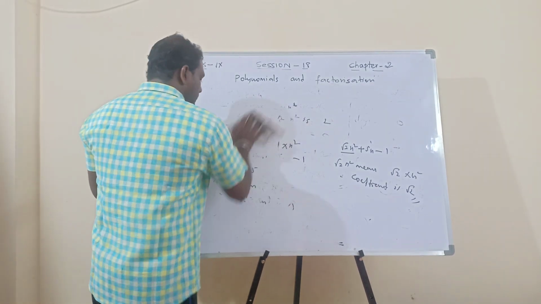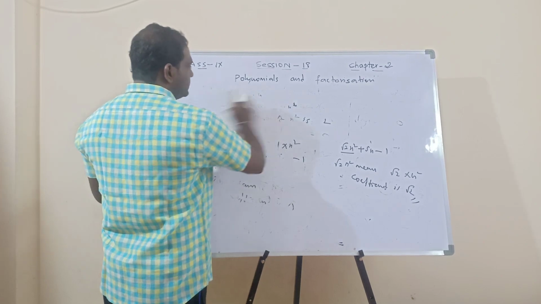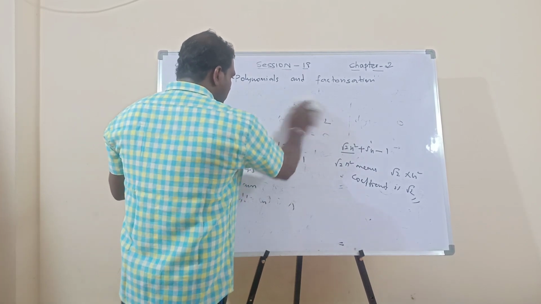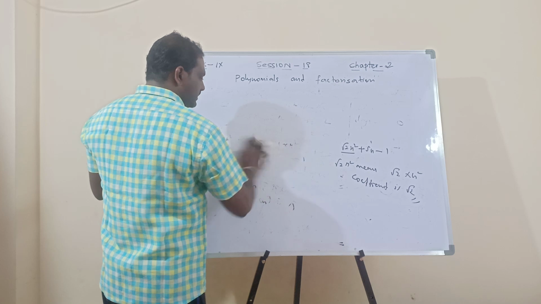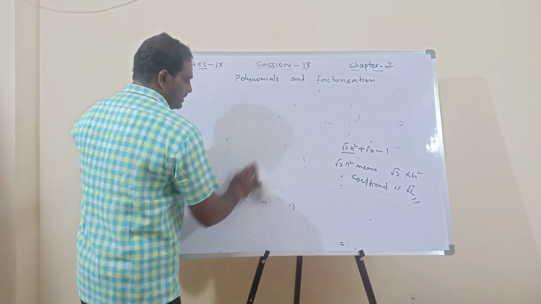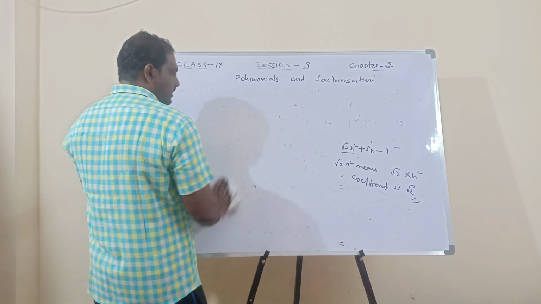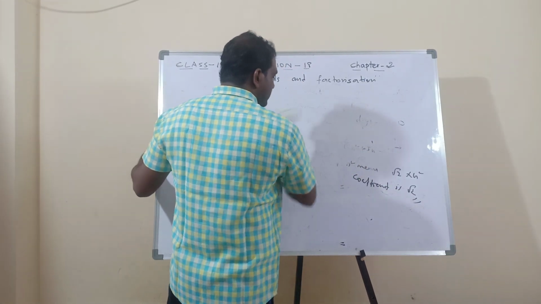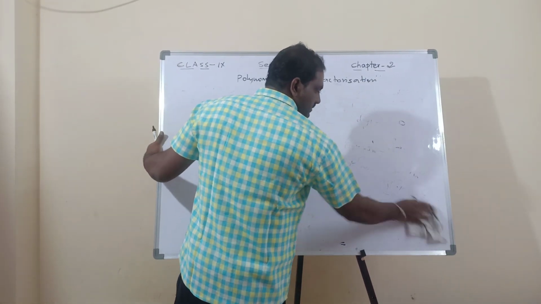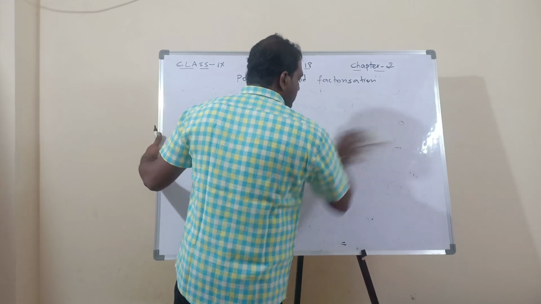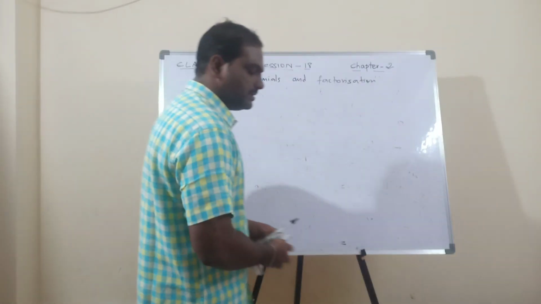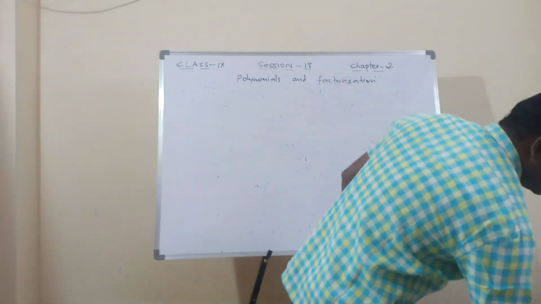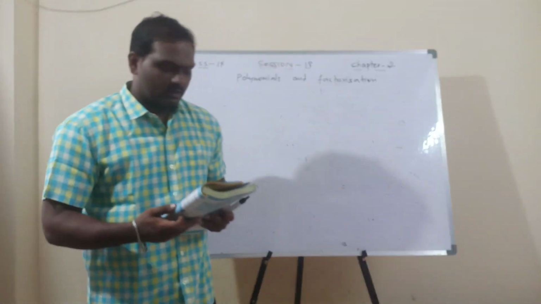So that's all. This is about the polynomial definition and polynomial in one variable definition, then checking whether it is a polynomial or not, then finding the degree and writing the degrees, and lastly writing the coefficients of the given expressions. Okay.